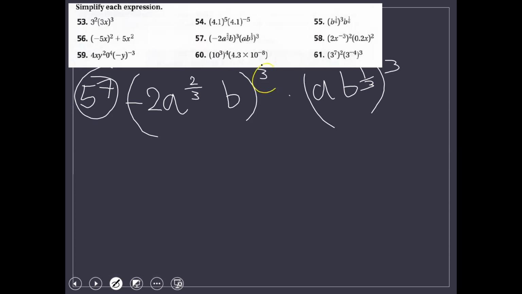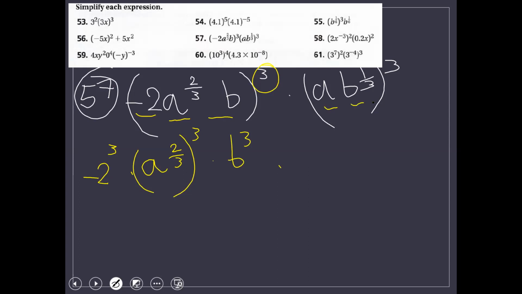Now the first step, let's distribute 3 in each term, here, here, and here. So negative 2 cubed times a raised to the power 2 over 3 cubed times b cubed times, here is also the same. We have to distribute the 3. It will be a cubed times b to the 1 over 3 cubed.